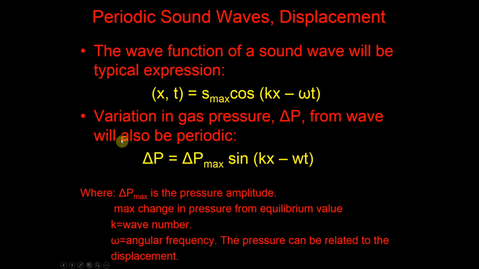The pressure here will be delta P equals delta P max, the maximum pressure, times sine of kx minus omega t. Essentially, this pressure will move in a periodic fashion, as will the displacement, which should make sense, because the pressure will follow the displacement of a particular particle.